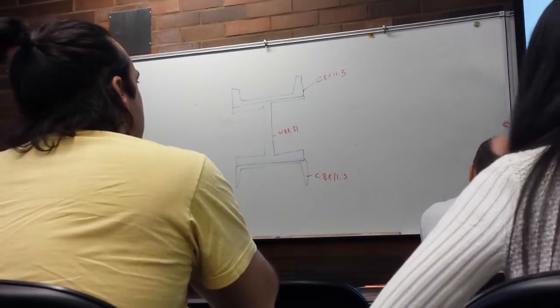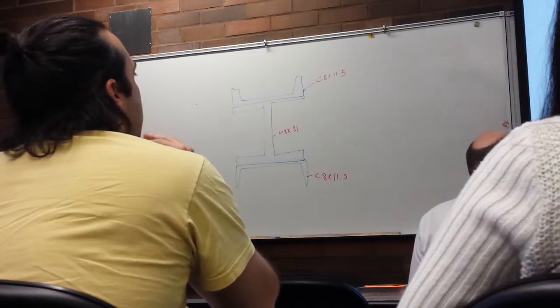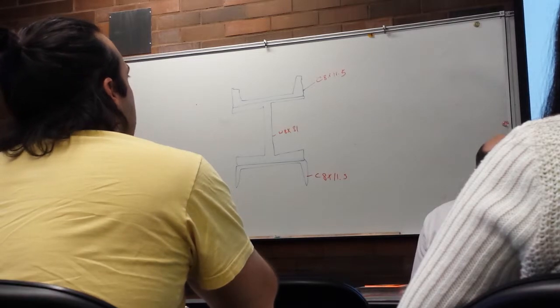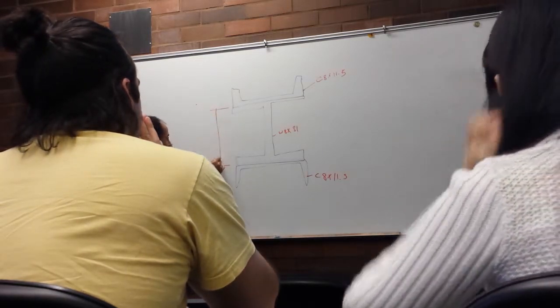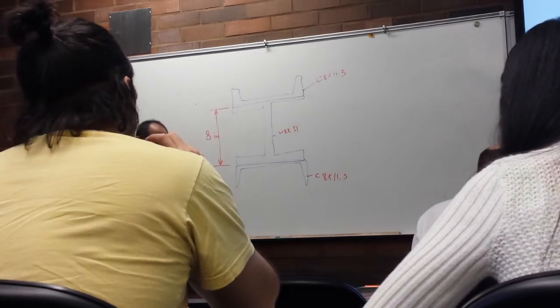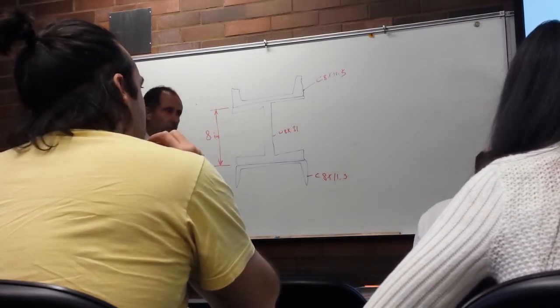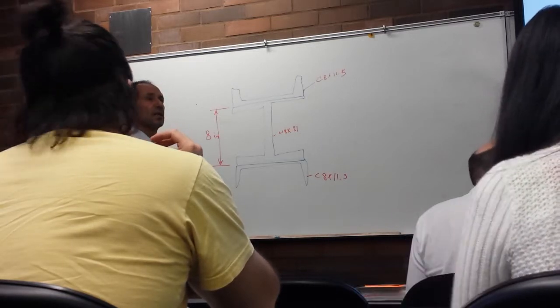Go to your table and find for me the width of W8. The W8 means this distance here is 8 inches. From the table, the width is 8 as well.